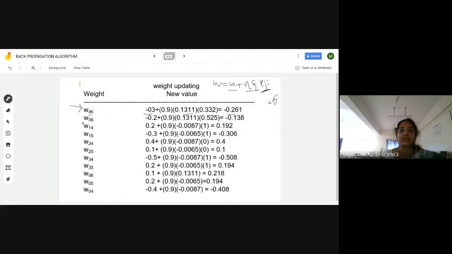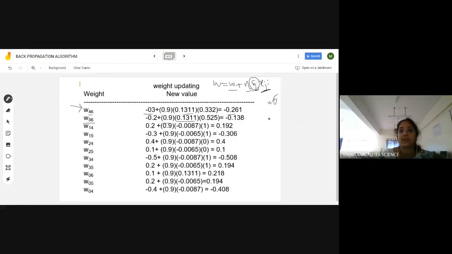What is next? 5, 6. The same weight, the W56 value which is given in the question, plus learning rate 0.9, right? What is this value? The error at the output layer. Which weight are you calculating? W56, right?